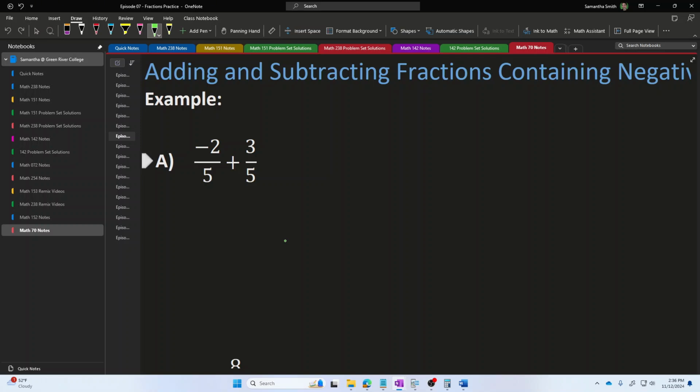Well, if I have 3 and then I'm adding negative 2, I'll be left with positive 1 as a result of that. And putting positive 1 over that common denominator, I have 1/5.